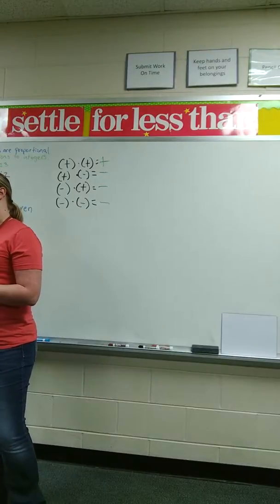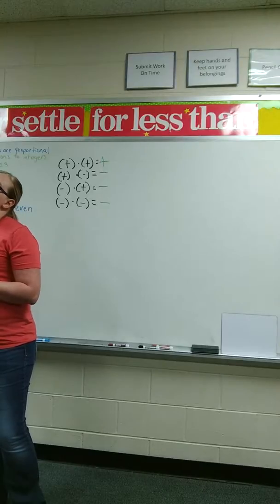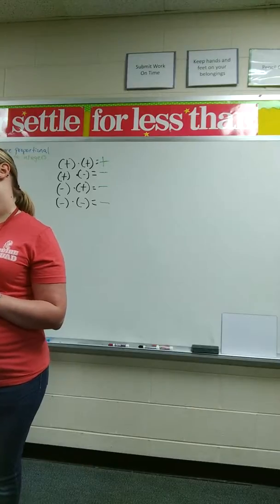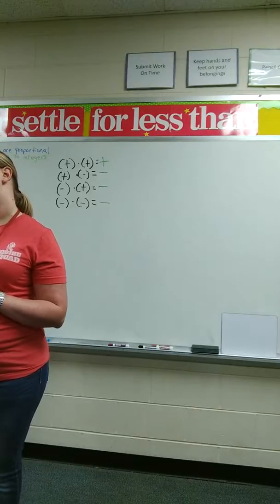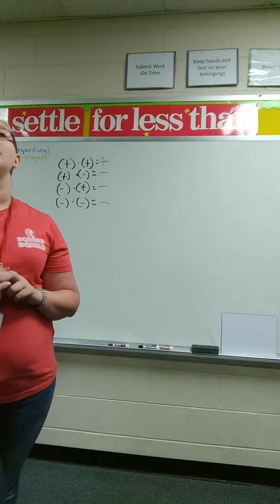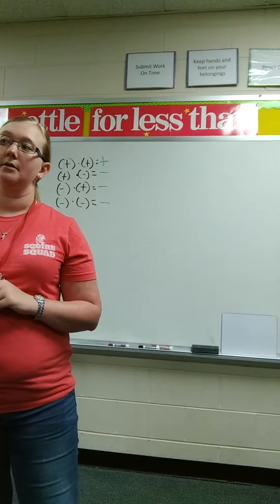Is it the absolute values? Absolute value is the distance a number is away from 0. Yeah, that's what I'm trying to say when you do positive times a negative. It would be the absolute value. So you think that absolute value is going to come into play here?